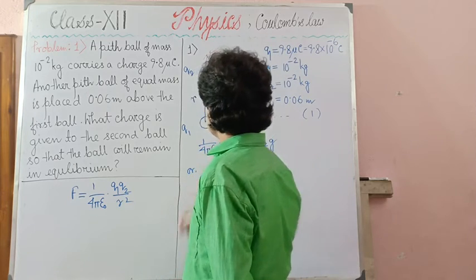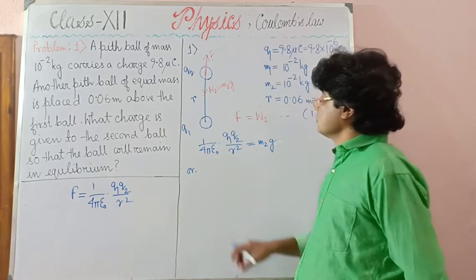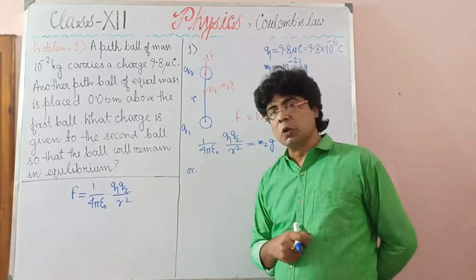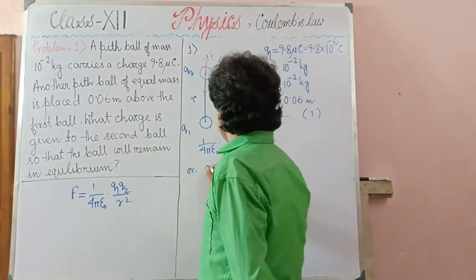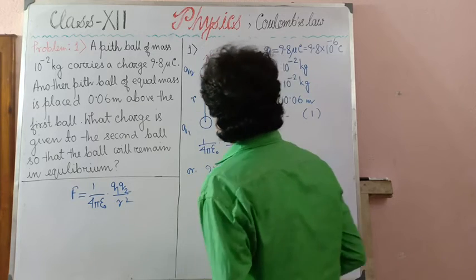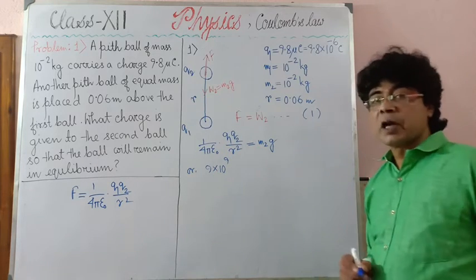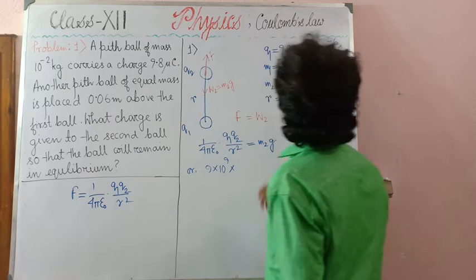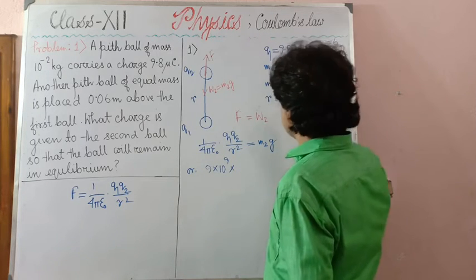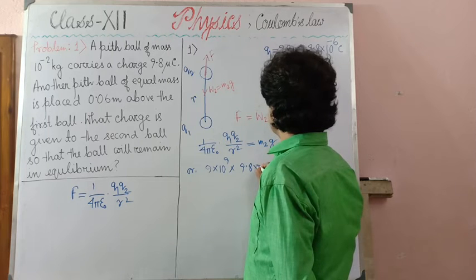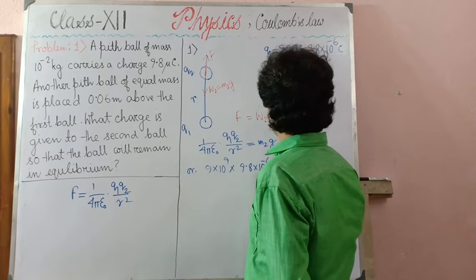The value of 1 by 4 pi epsilon 0 is 9 into 10 to the power 9 Newton meter square per Coulomb square. Q1 is 9.8 microcoulomb, or 9.8 into 10 to the power minus 6 Coulomb.